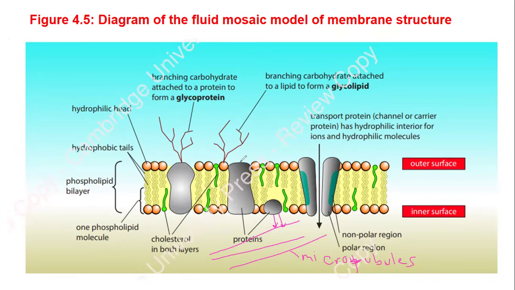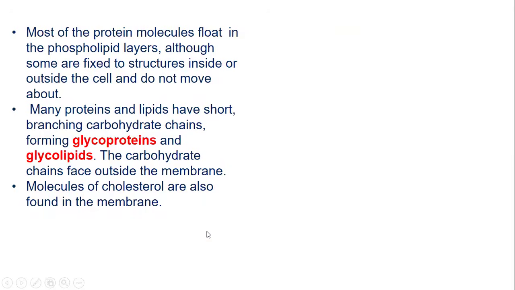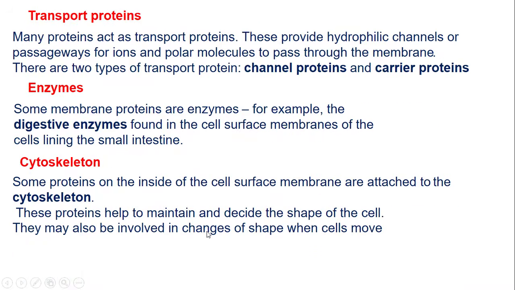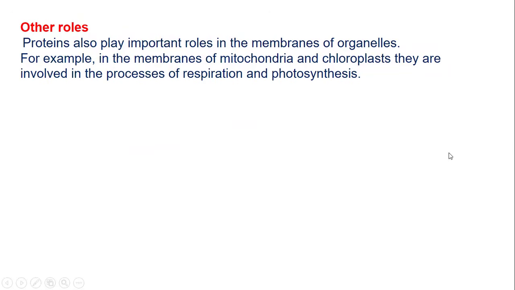Some of the proteins could still be attached to structures outside the cell surface membrane. So proteins are very important in being part of the cytoskeleton. As a result, they maintain and determine the shape of the cell. And here they're also mentioning that some of them are involved in changing the shape of the cell as the cell moves, because some cells can move from one place to another, like the phagocytes.